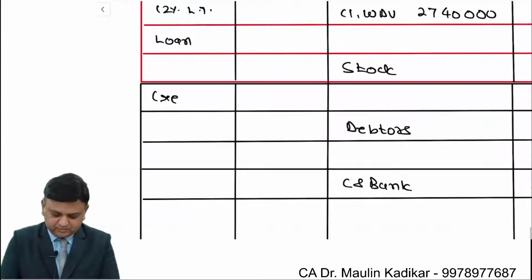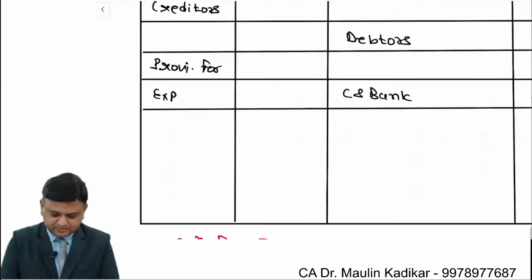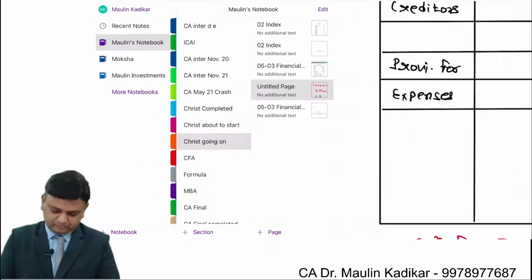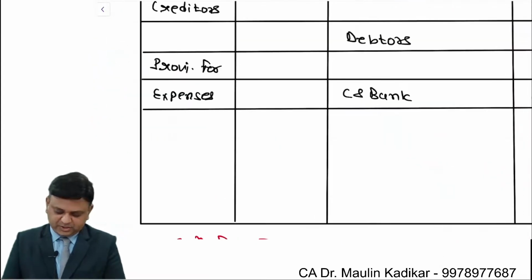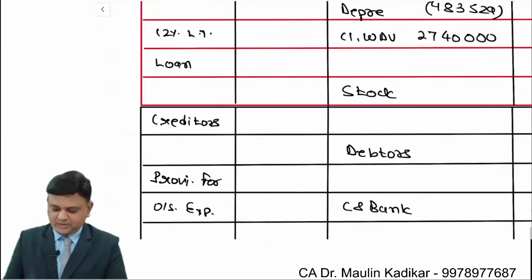Creditors we do not know. And provision for expenses, again that we do not know. Provision for outstanding expenses. Okay.